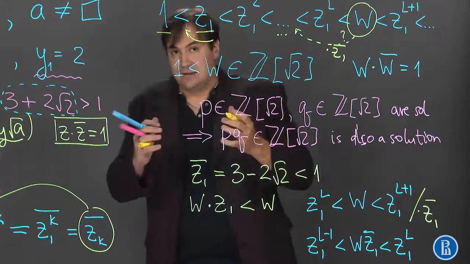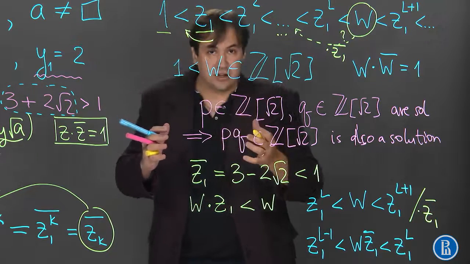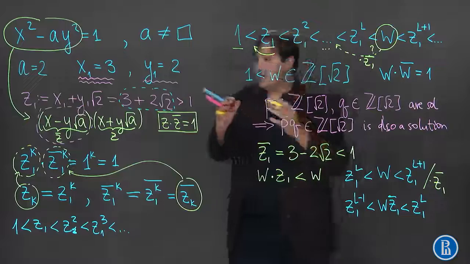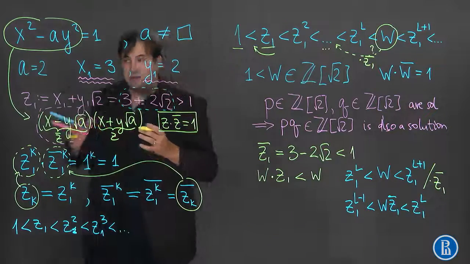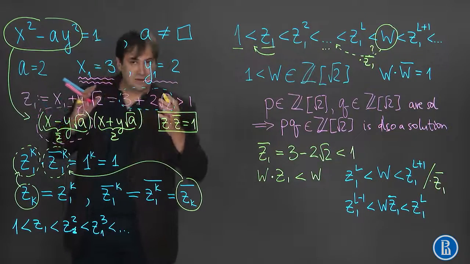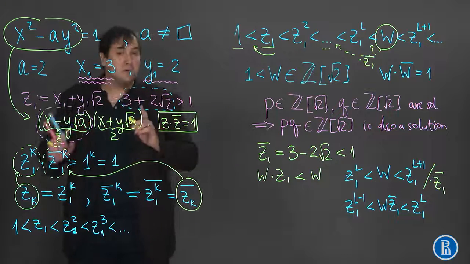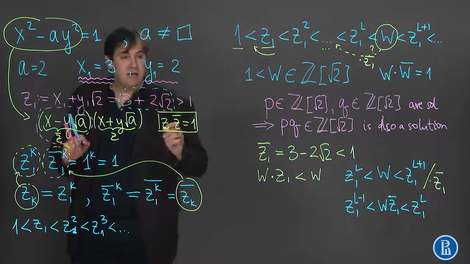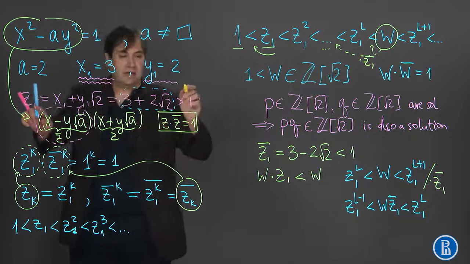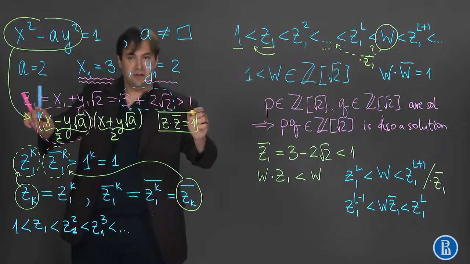But this is a contradiction, because in the beginning we noticed that there are no solutions of Pell's equation between this one and this number here.